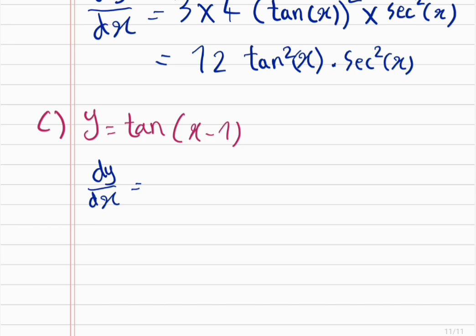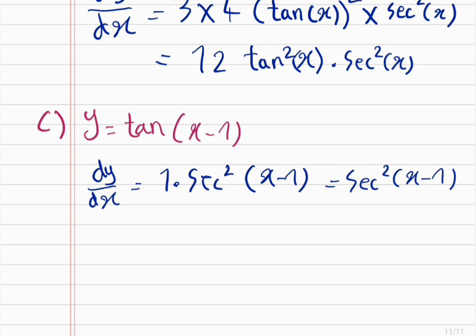So you can either write 1 or just don't write anything. Then tan differentiates to sec squared, so you do that, sec squared, and then the inside the bracket is always the same. Then you can simplify this, which is sec squared of x minus 1. So yeah, this one was very easy.